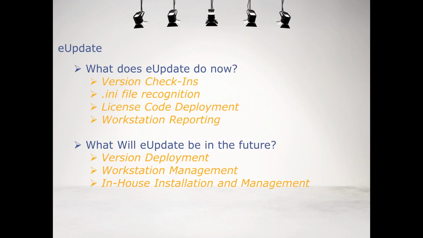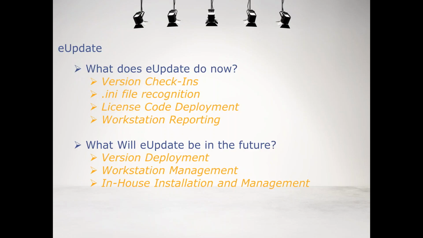So the big question is, and we've had a lot of internal discussion on eUpdate and the solution and how it actually works, what it actually does, more importantly, where we see it going in the future. And one of the things that we've come across is, as this is something that is in the growth phase, the first thing that we see this doing is license code deployment.